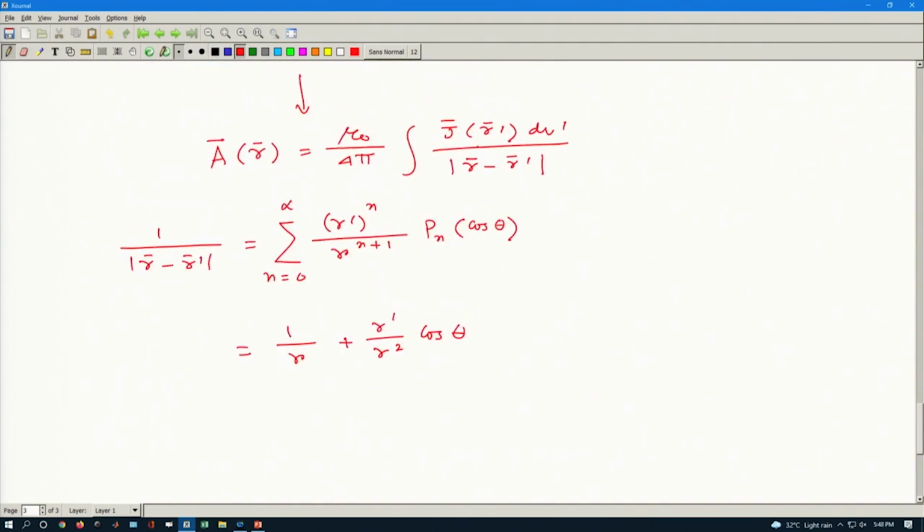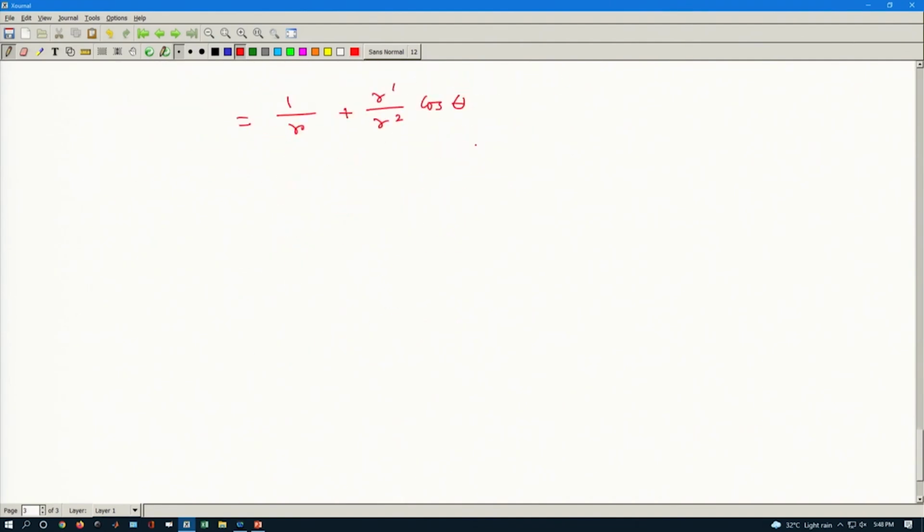Now, I put these two here in this expression of A. So, I can write my A, which is a function of r, as mu 0 divided by 4 pi, the first term 1 by r, and then the integral of J(r') dv'.